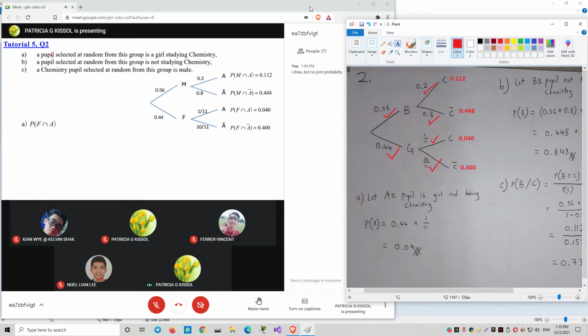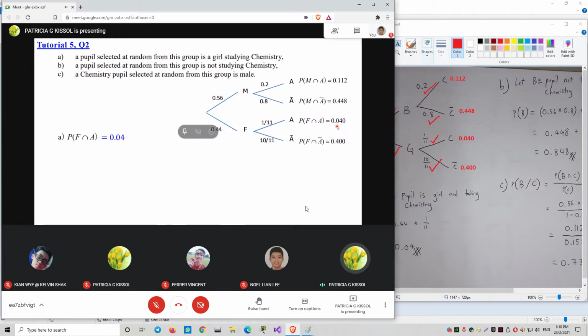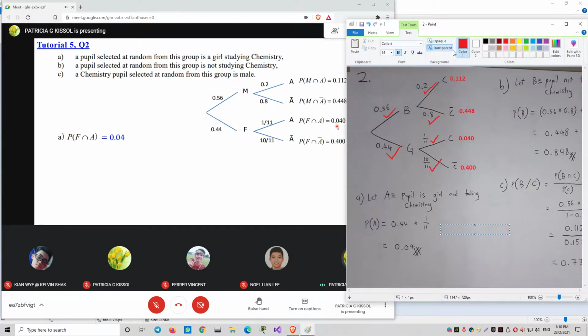So here, probability of F and A, I hope by drawing the probability tree you'll see how much easier it is to derive the answer. F and A is already obtained here, 0.040, and straight away you get the answer.